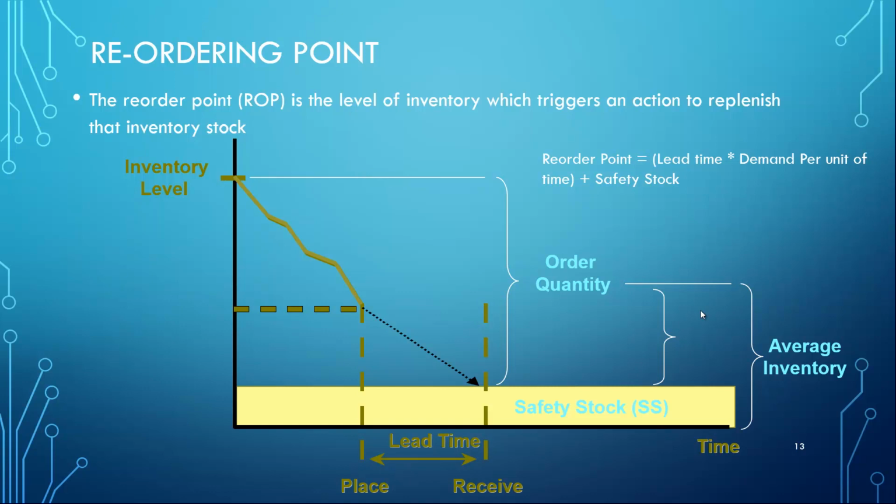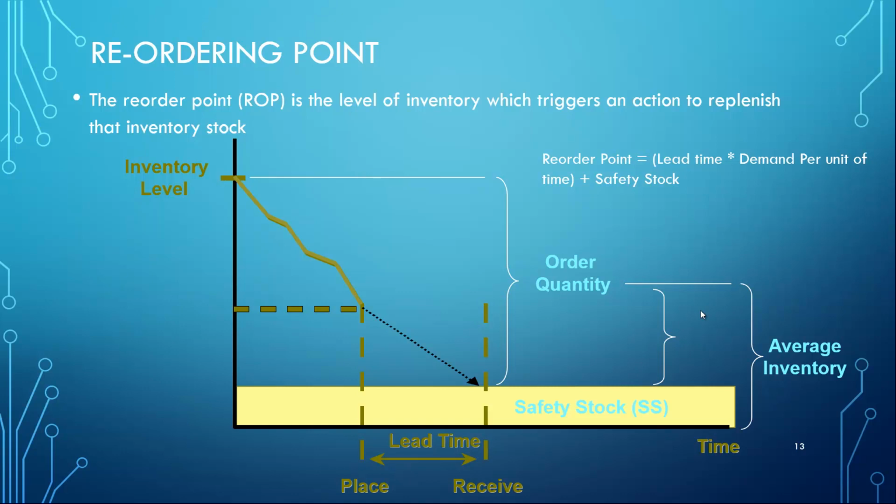That will be a level where I can call it the safety stock. When it reaches that point, at that point I need to reorder. What we mean by this safety stock level is that we should not go below it.